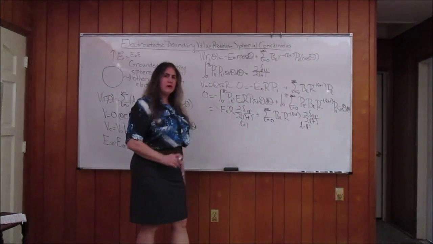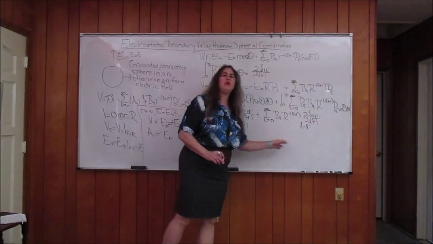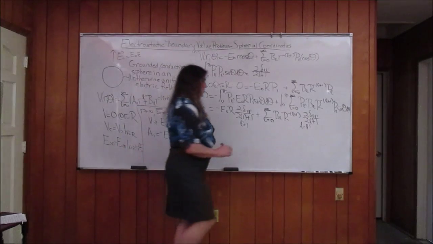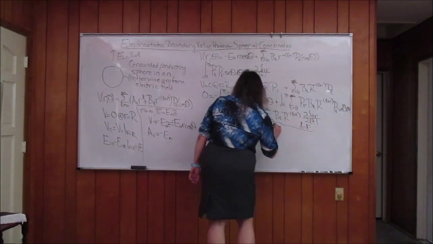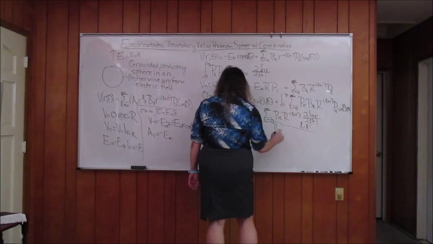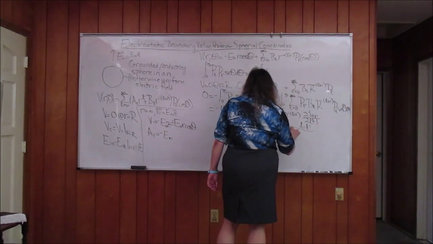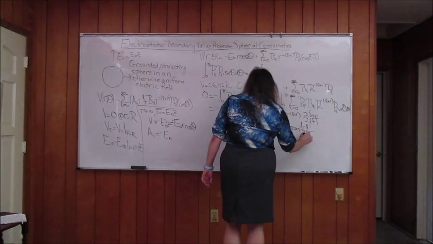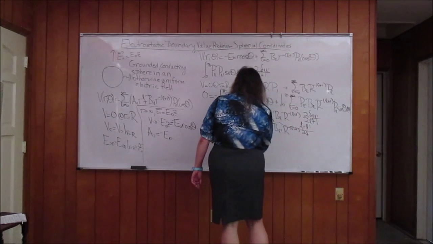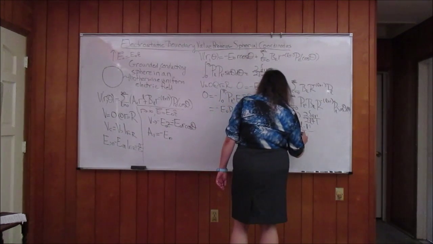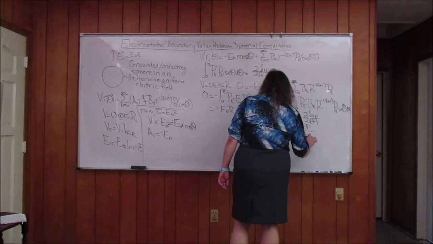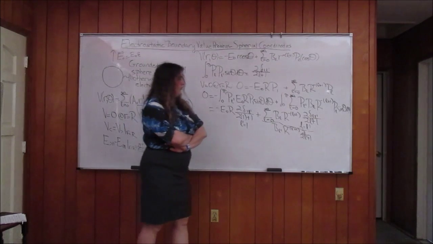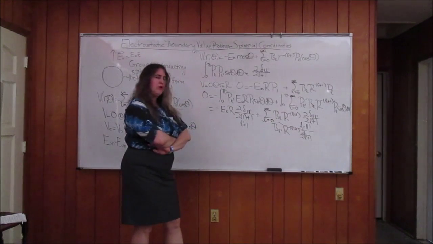The effect of the orthogonality condition is that one term out of an infinite number of terms is picked out. Only one term is going to be non-vanishing. So this is equal to B L prime, radius of the sphere to the minus L prime plus 1, times 2 over 2L prime plus 1.